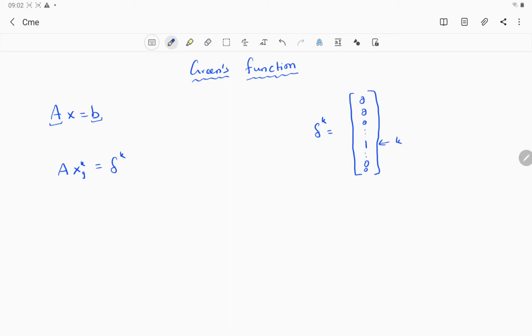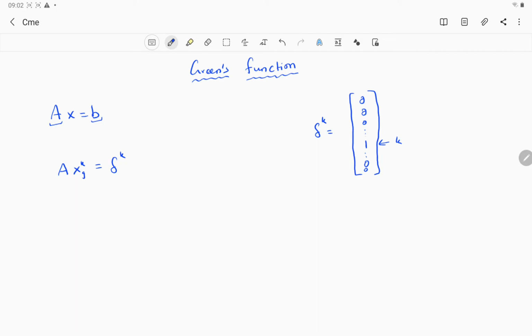So now this xgk is the discrete Green function. Now for each k I am calculating what is xgk.